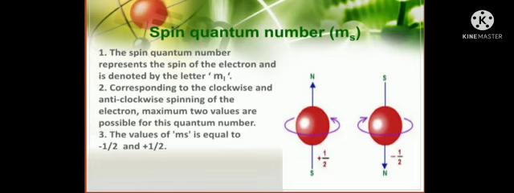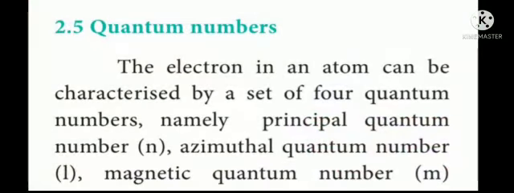Hence, we completed the topic spin quantum number. Hence, we completed the four different types of quantum numbers, namely principal quantum number, azimuthal quantum number, magnetic quantum number, and the spin quantum number. It is an important detailed question.